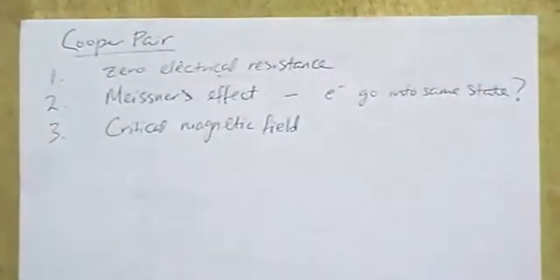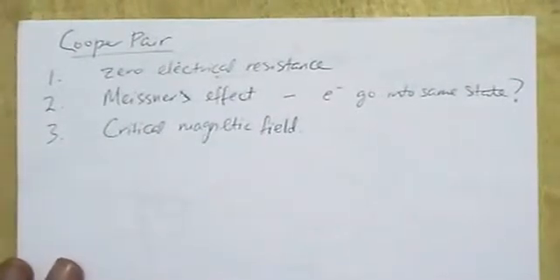And what this means is that if we apply a magnetic field to a superconductor, if we increase the magnetic field, there comes a point where if the field is big enough, it will destroy the superconductivity, meaning that the superconductor will stop being superconducting.